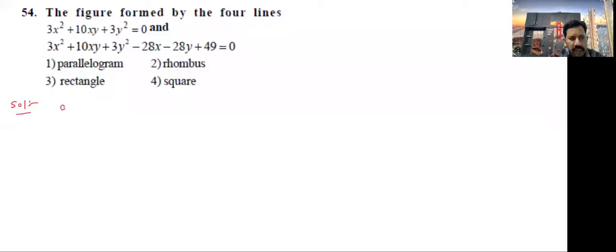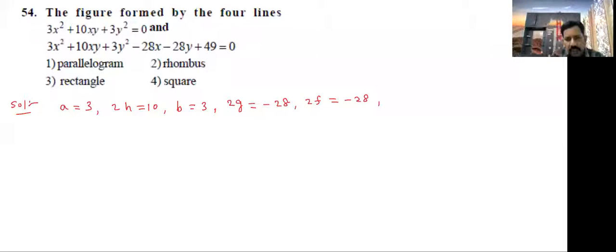The a value is how much, students? 3. 2h is 10. b is 3. And 2g means -28, 2f is -28. c is 49.